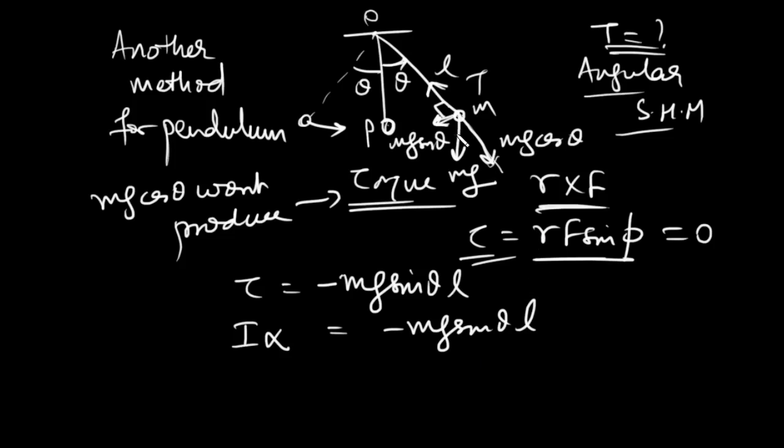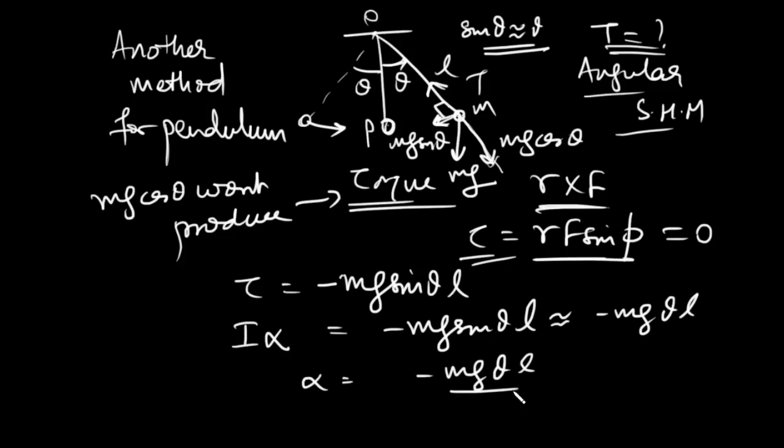Now you see, theta is very small. As I earlier told you in the simple pendulum, when theta is small, sine theta is approximately theta. So I am writing this as minus mg theta L. Alpha would be equal to minus mg theta L by I. What is I? I is the moment of inertia. But how do we calculate it? It is summation mr square.